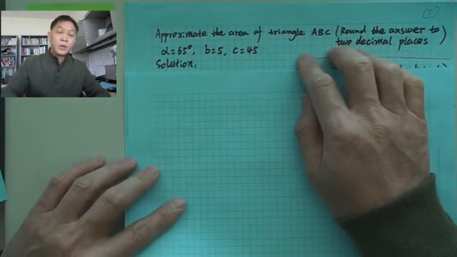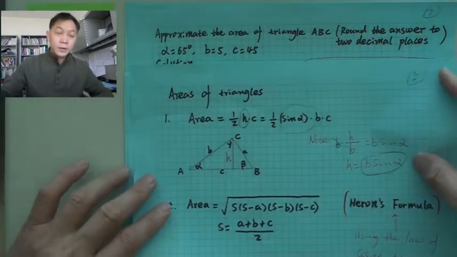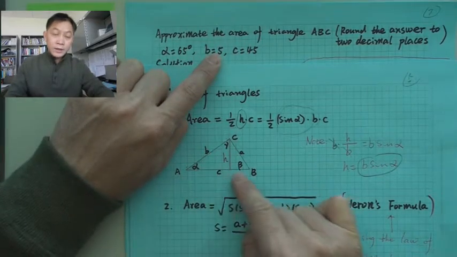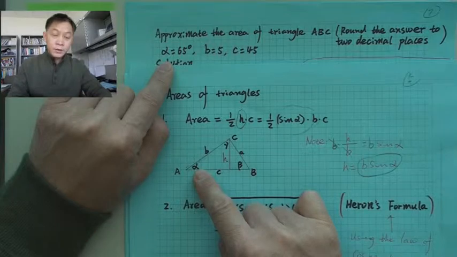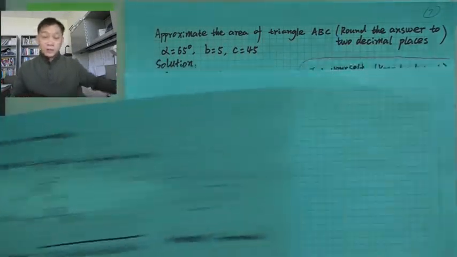Now, in a triangle, if you have B, if you have C, and if you have an alpha in between, you can find out A by the law of cosine, right?